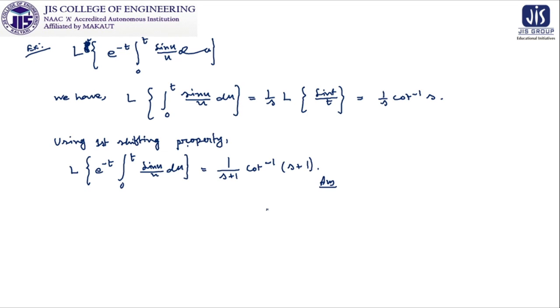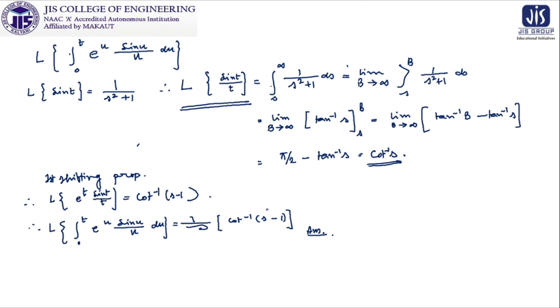Why? Because the most important observation here is the difference between these two problems. As e to the power u is under the integration sign, we used the first shifting property, then we used the property of integration.